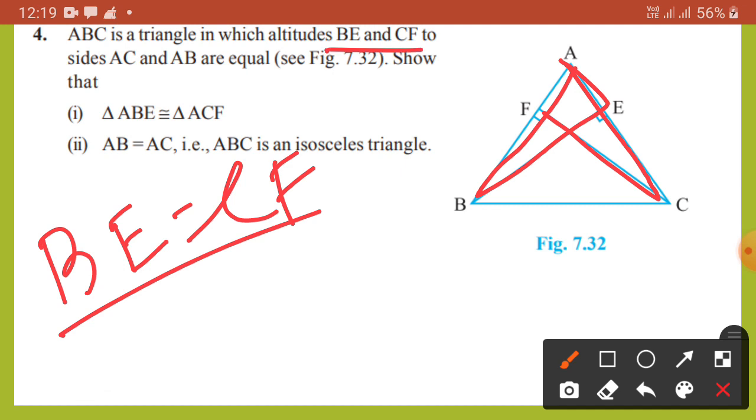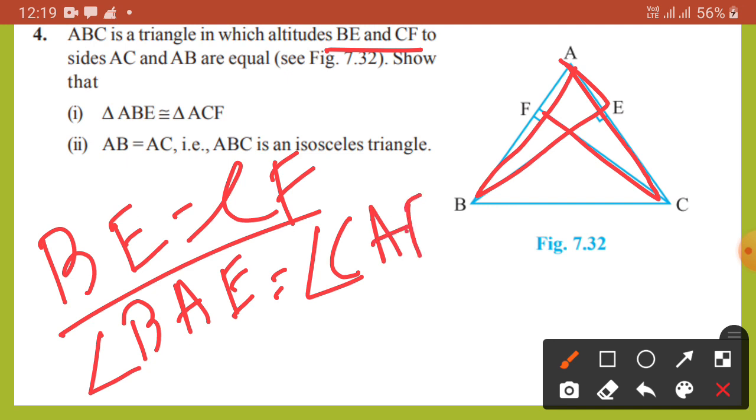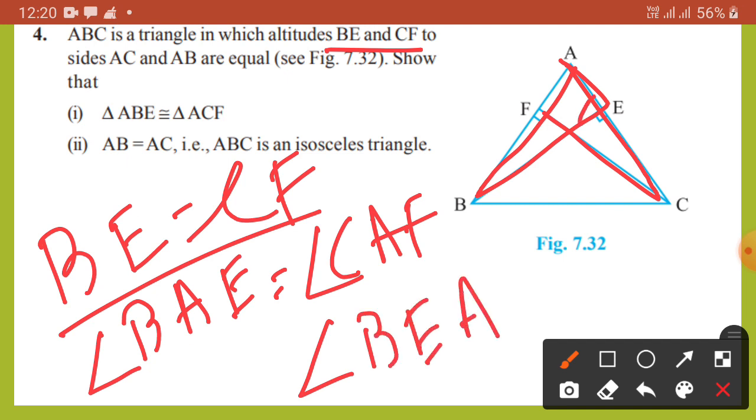And angle BAE is equal to angle CAF, these are the common angle A. And now angle BEA is 90 degrees, and it is equal to angle CFA, which is 90 degrees.